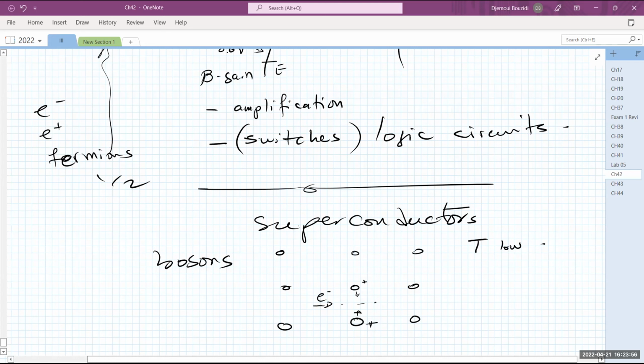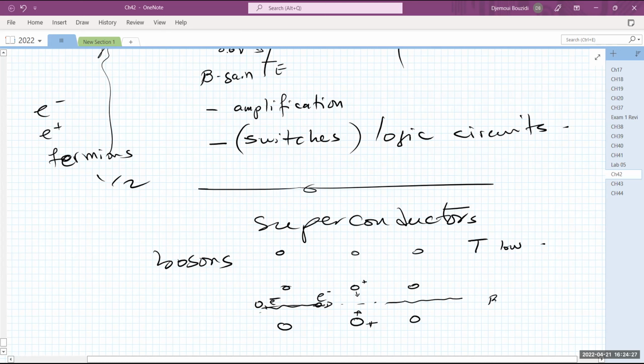Another electron discovers that there is an increase in charge in here, so it gets closer. It's attracted to this positive concentration. And now these two electrons form a pair that moves together. That pair will continue moving, helped by this configuration, with no collision whatsoever.